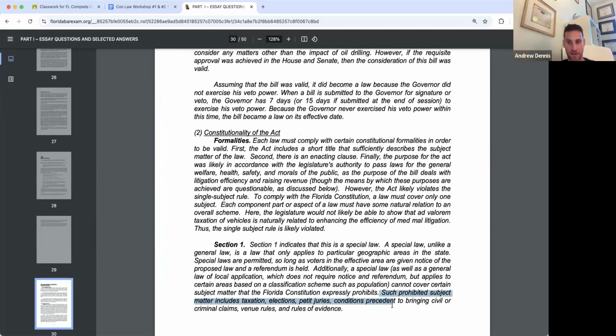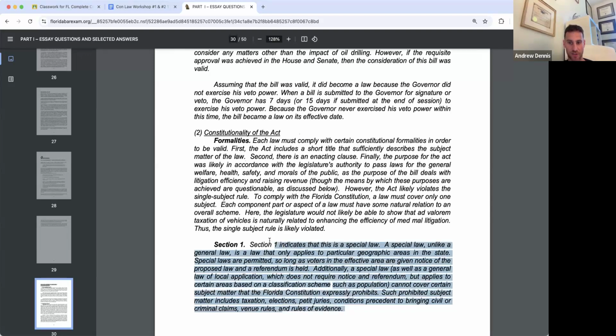Prohibited subject matter. Such prohibited subject matter includes taxation, elections, petit juries, conditions precedent to bring civil or criminal claims, venue rules, and rules of evidence. That's actually a really nice sentence right there. I'm obviously going to copy this whole thing, but if you could remember, those are prohibited by the Florida Constitution. They can't be general or special laws or general laws of local application.